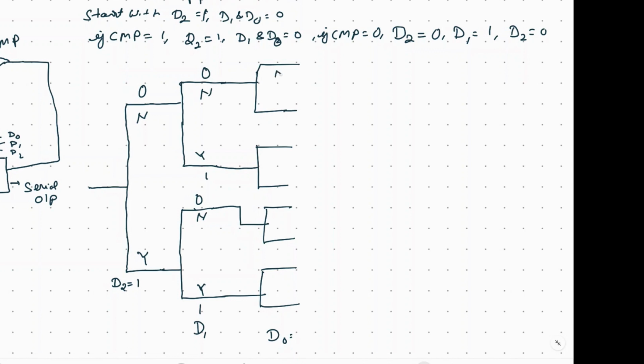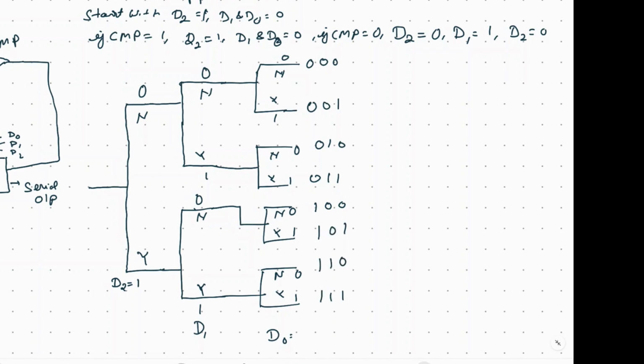If it is not greater, then it will set it to 0, and otherwise it will set it to 1. In this way we will get different combinations, so we will get the digital outputs 000, 001, 010, 011, 100, 101, 110 and 111.